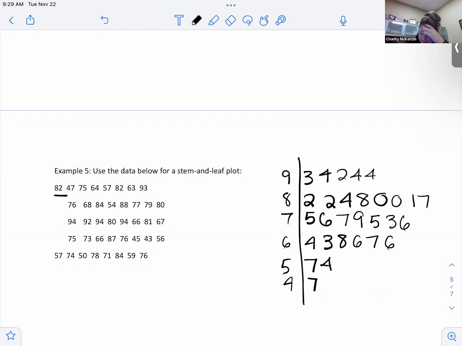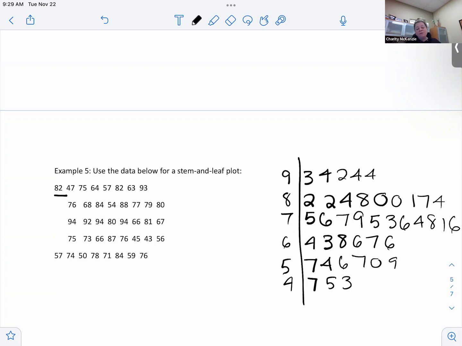This is a lot of data. You have 45, 43, 56, 57, 74, 50, 78, 71, 84, 59, and 76.